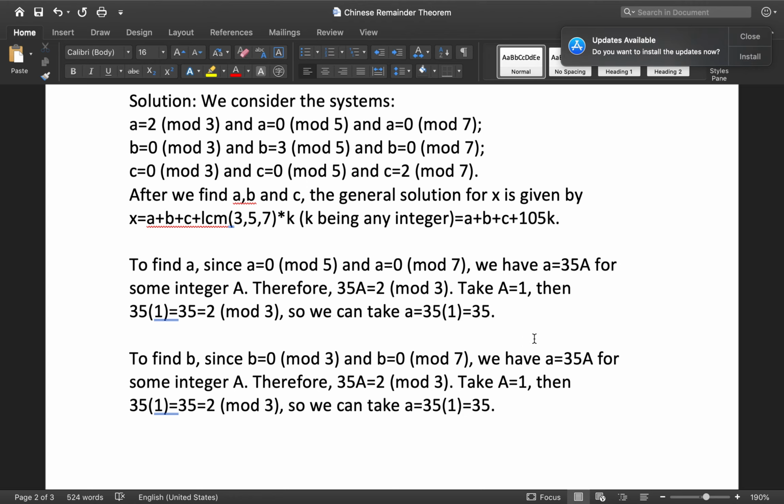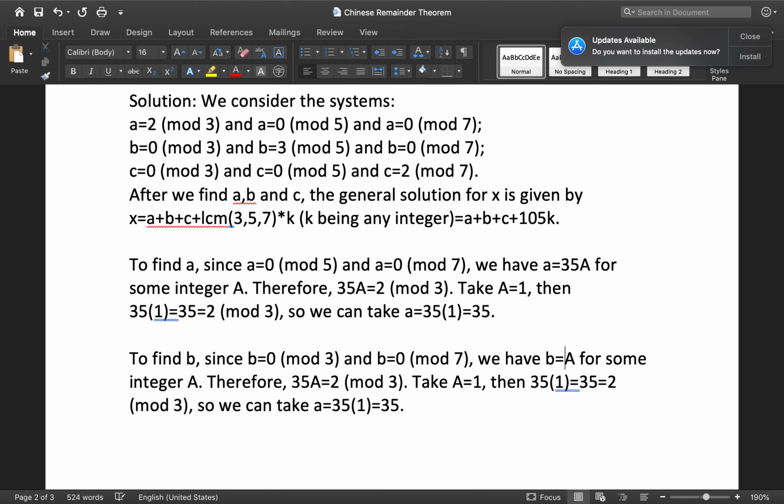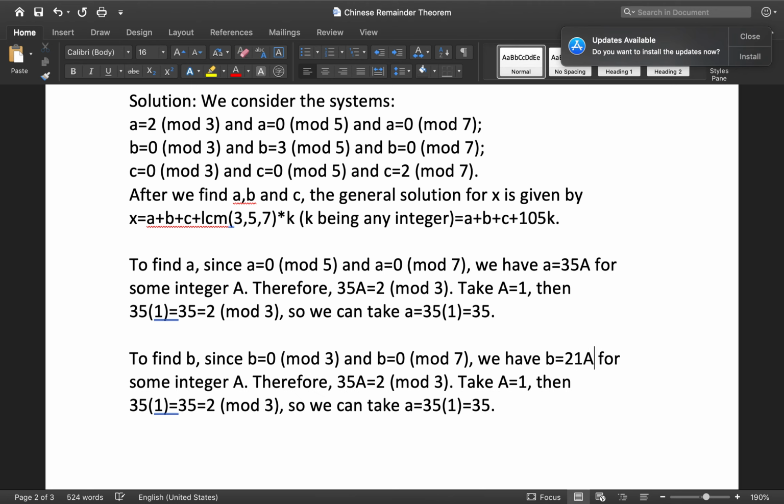For example, here because b has to be congruent to 0 modulo 3 and congruent to 0 modulo 7, b must be a multiple of 21 because the LCM of 3 and 7 is 21. So that means b is equal to 21 times capital letter B for some integer. Now I use another symbol, capital letter B. Therefore, we can substitute this back to the final equation, which is not 0.